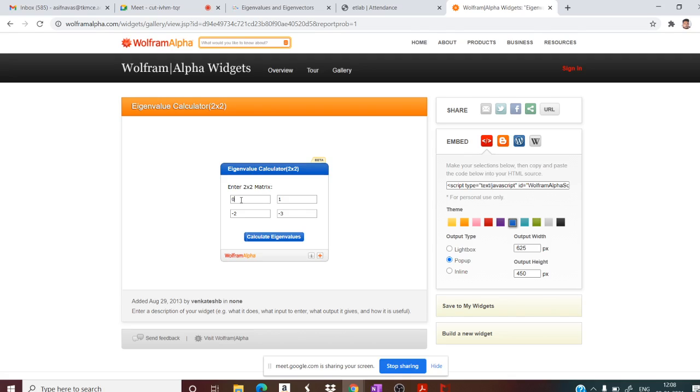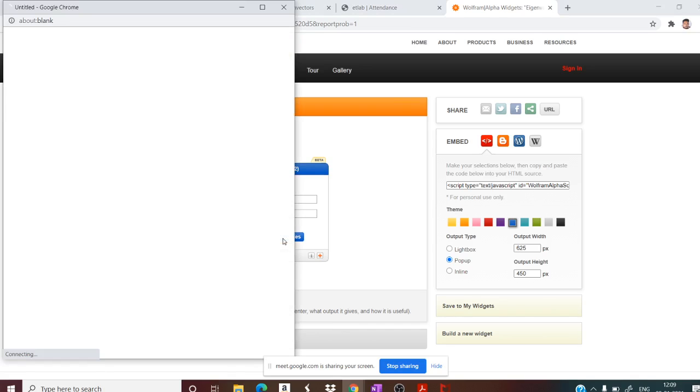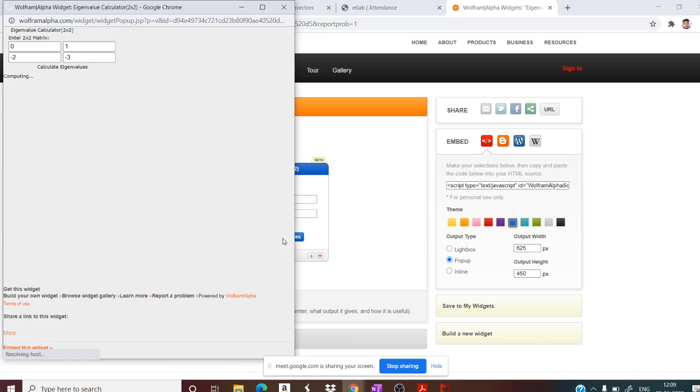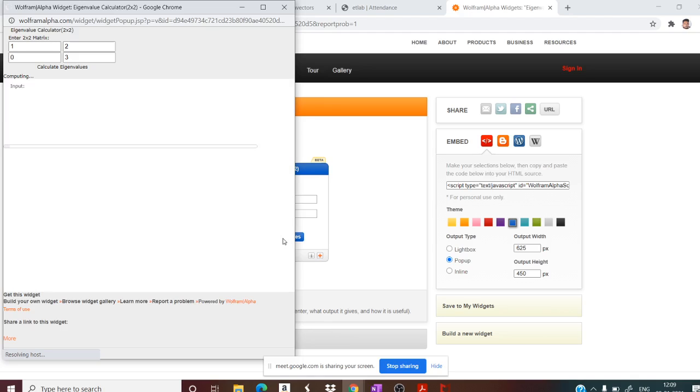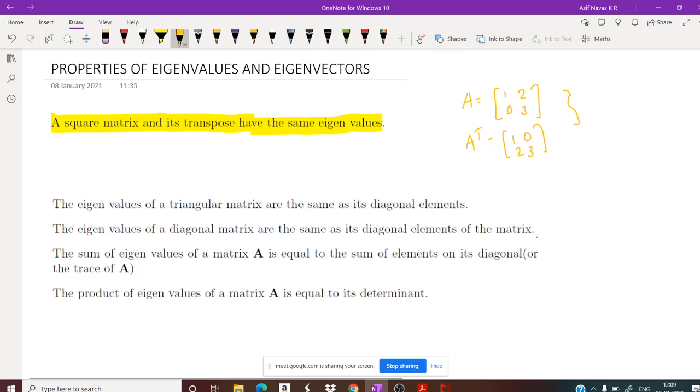Now I am computing the eigenvalues. You know how to find them, so I'm just using a calculator. The eigenvalues are 3 and 1. So A has eigenvalues lambda equal to 3 and 1.